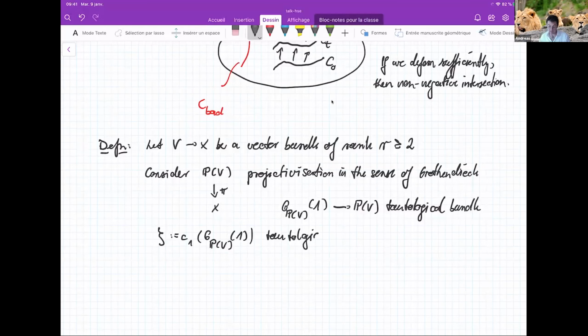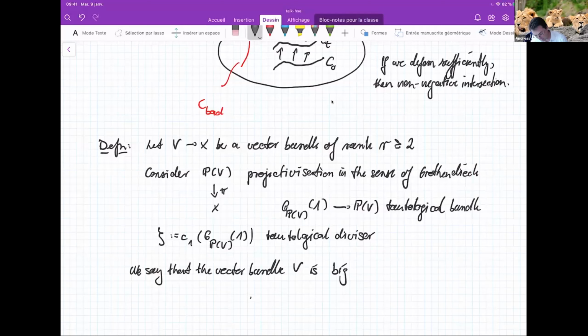So that's the construction, and now let me make my definition. We say that the vector bundle V is big if my tautological class zeta is big. I will make the same definition for pseudo-effective: the vector bundle is pseudo-effective if this divisor class is pseudo-effective.